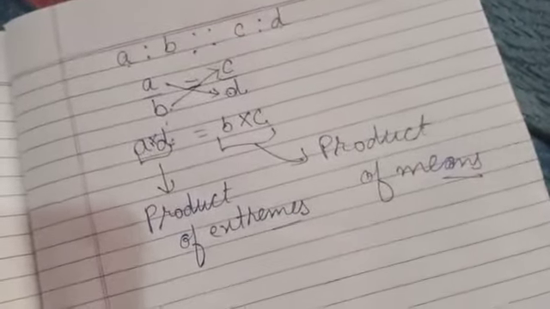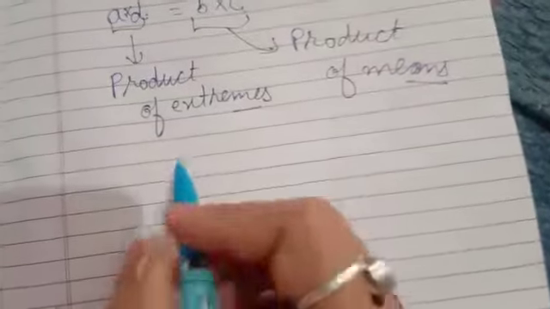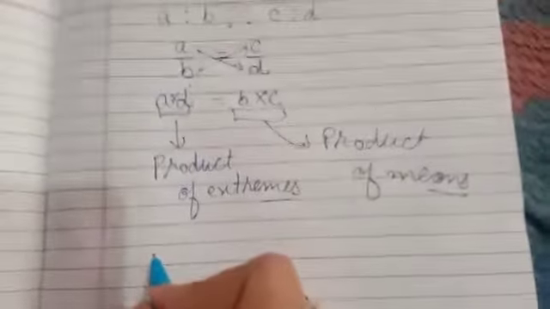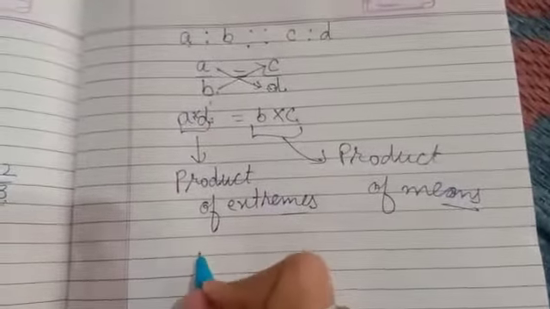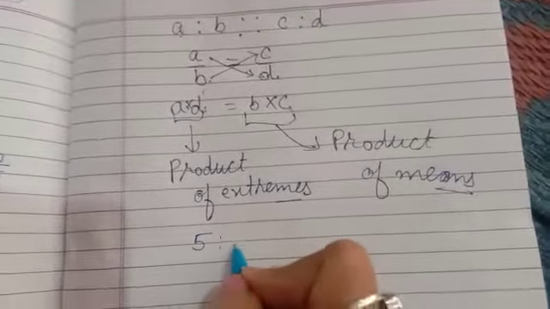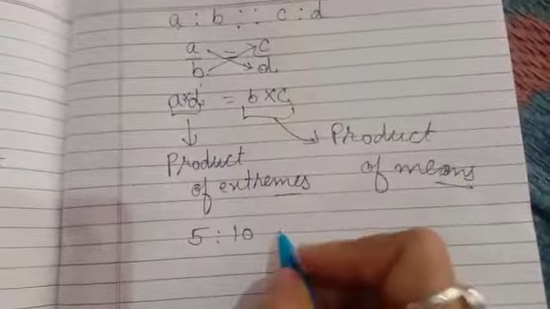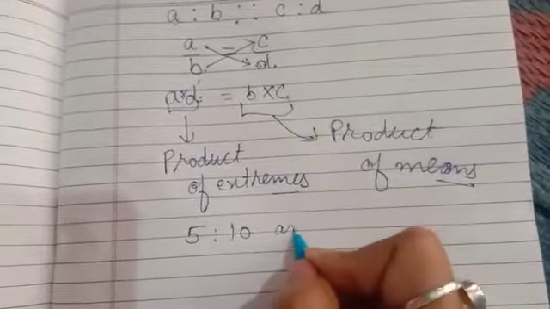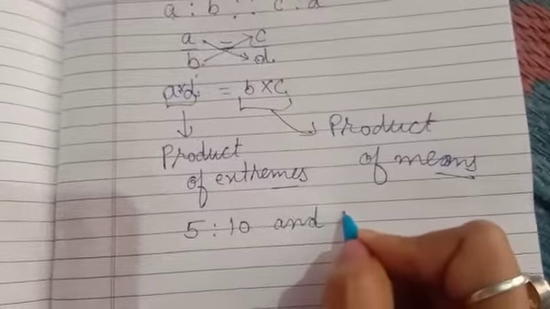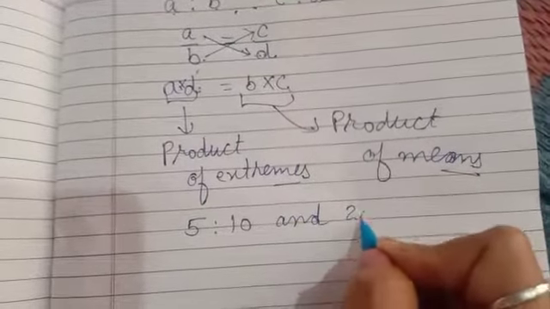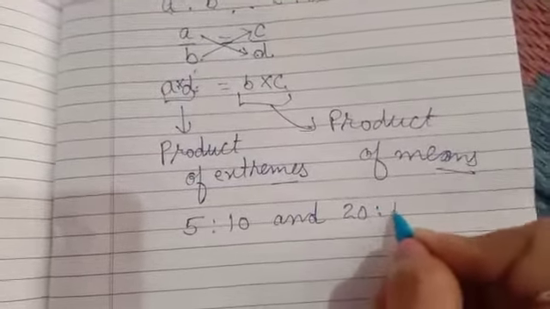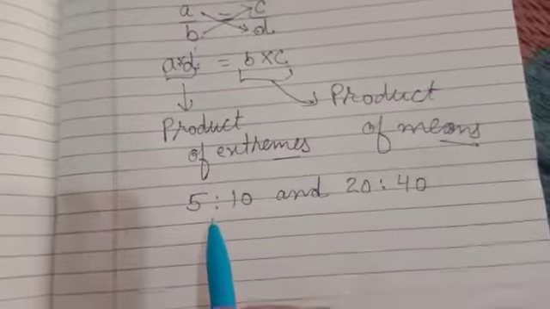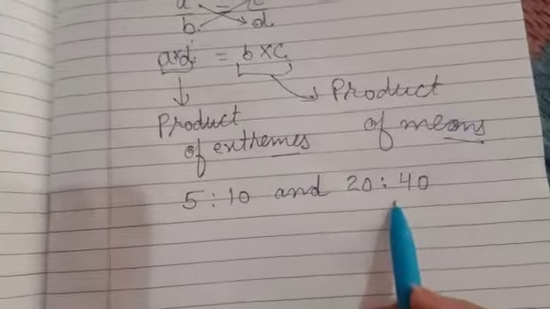How to solve the sum? Now let's take an example, beta. If I take 5:10 and the second one is 20:40, we have to check whether the ratios are in proportion or not.